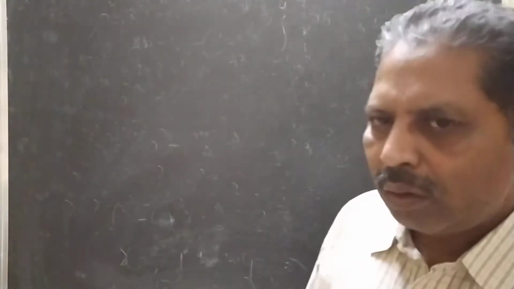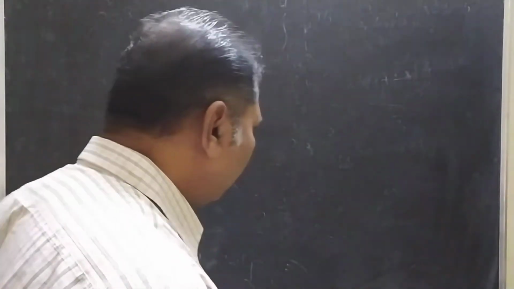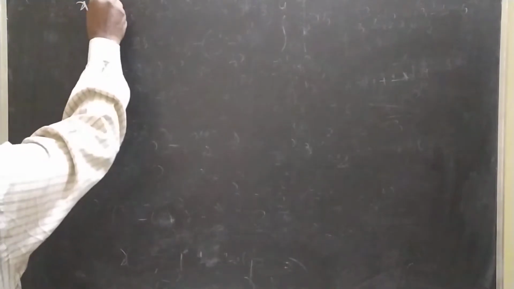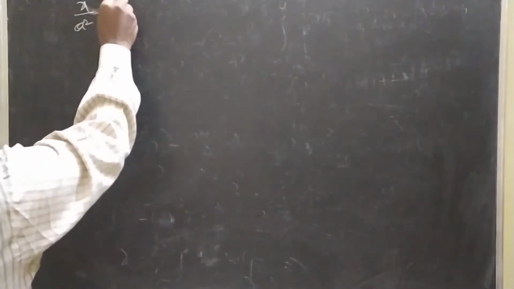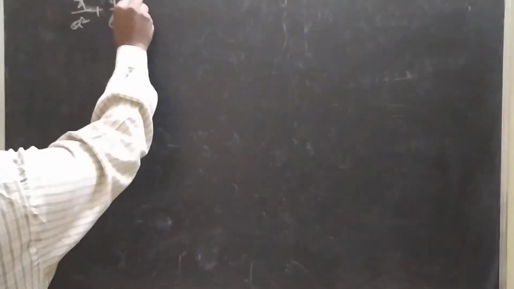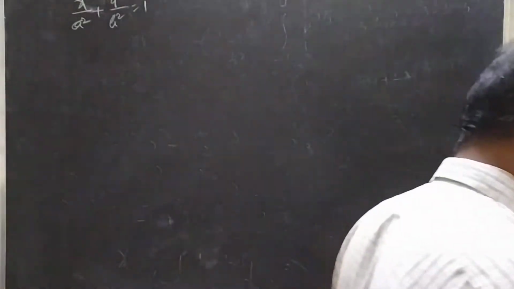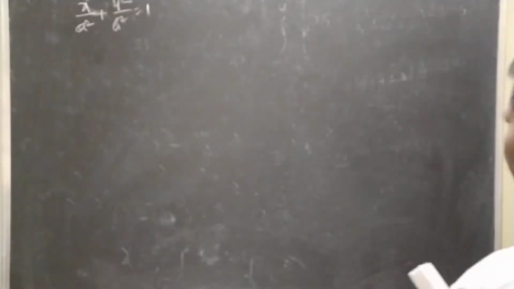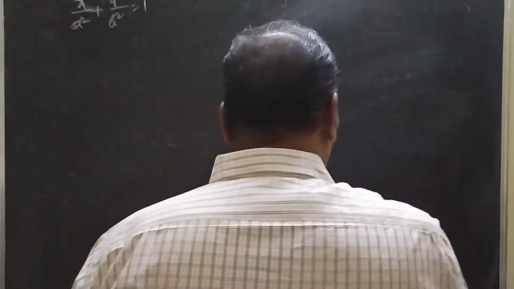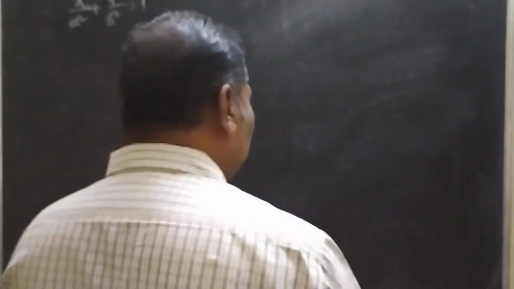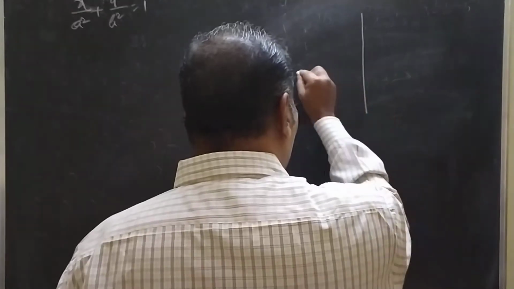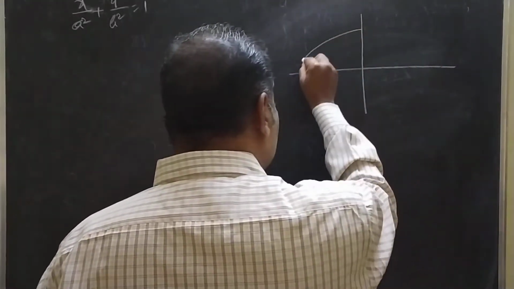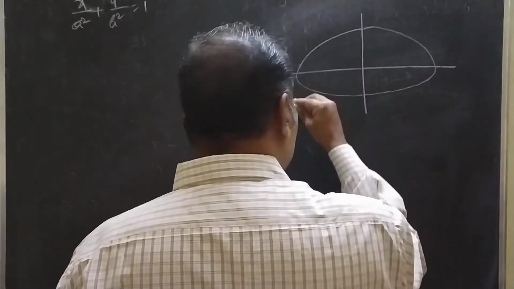So the given ellipse is x square by a square plus y square by b square equal to 1. Find the area of the ellipse. See, this is the ellipse.